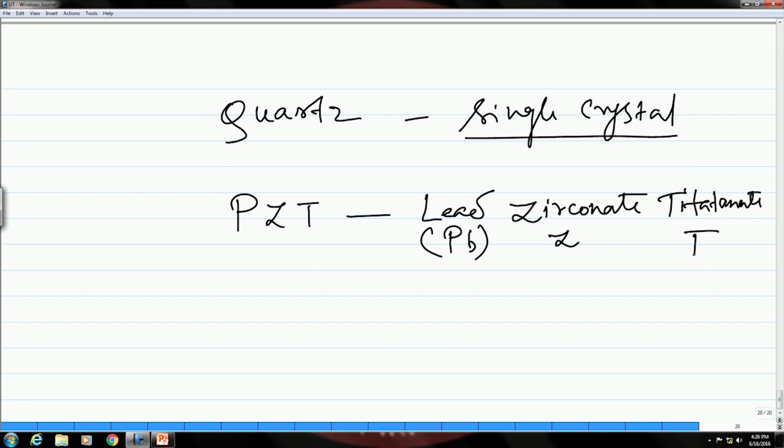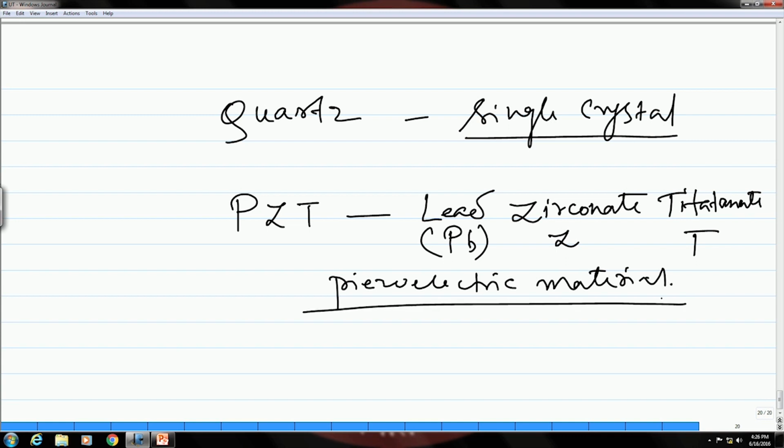So, this lead zirconate titanate, polycrystalline lead zirconate titanate, is again a very good piezoelectric material, shows very good piezoelectric property, and this can be used in the ultrasonic probes.